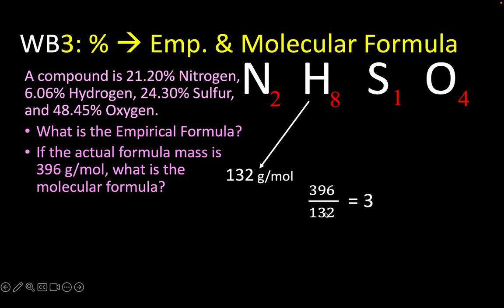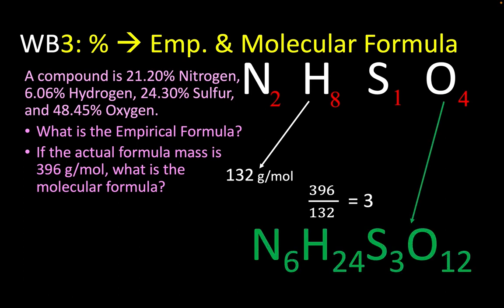So the real thing is 3 times bigger than the empirical formula. You're going to multiply everything by 3, because the molecular formula is 3 times bigger. So you end up with N6H24S3O12, the molecular formula.